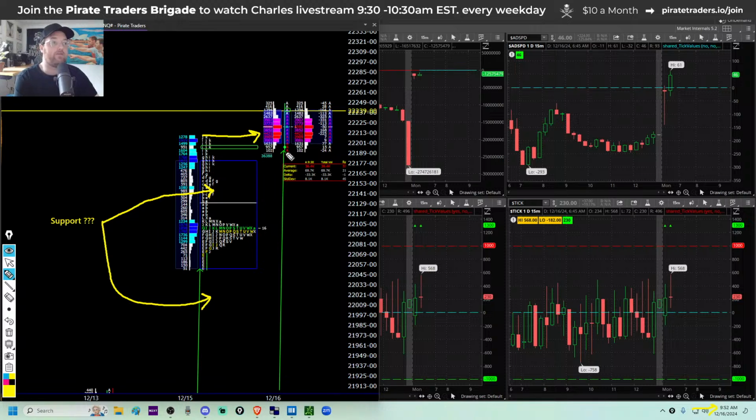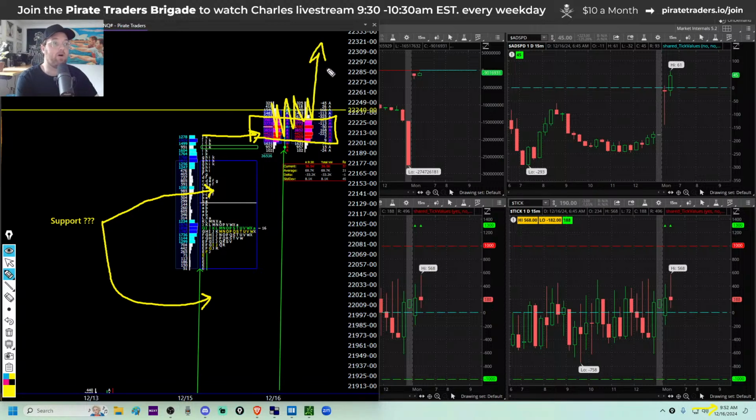That's the area you're looking for it to hold as support. As long as it continues to hold this overnight high and keeps bouncing when it comes in there, the higher probability is that the market keeps going up. That would be bullish to see.